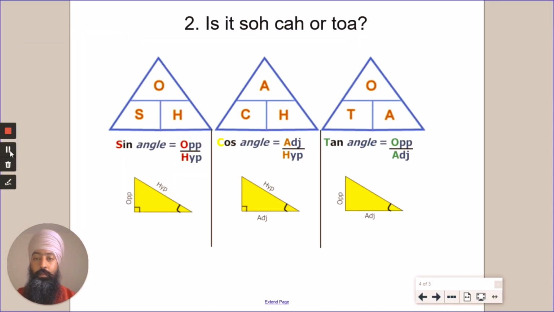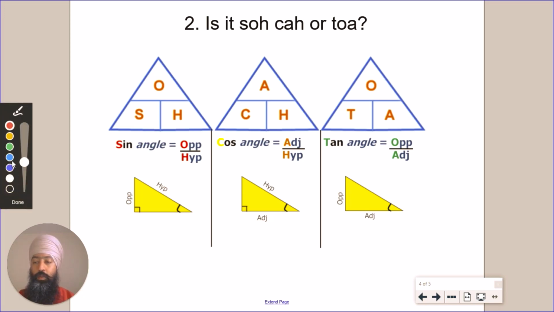Step 2 is to work out which formula to use, SOH, CAH or TOA. I like to write them out as triangles. In a question, if you're given the two sides opposite and hypotenuse, you would use the formula SOH. If you were given the hypotenuse and the adjacent, you would use CAH.